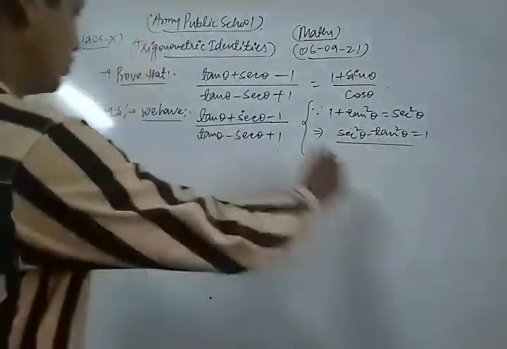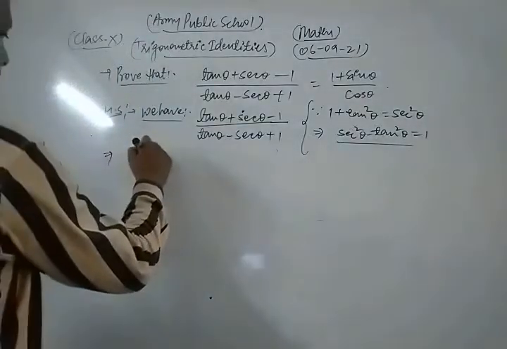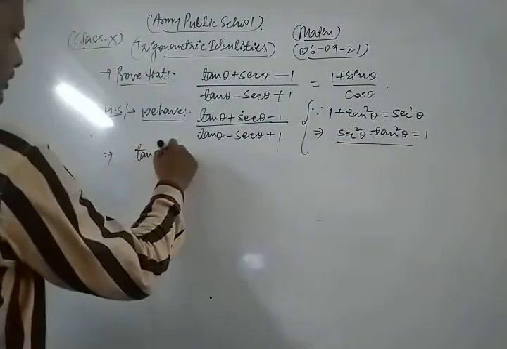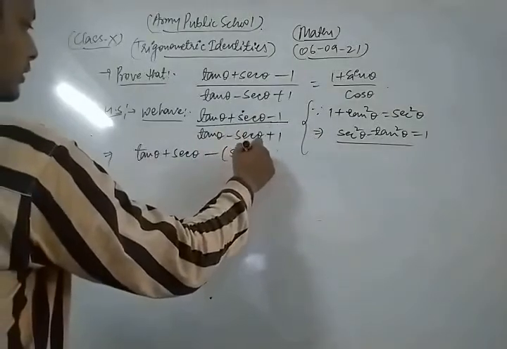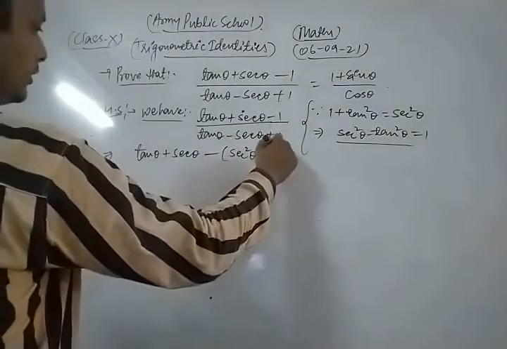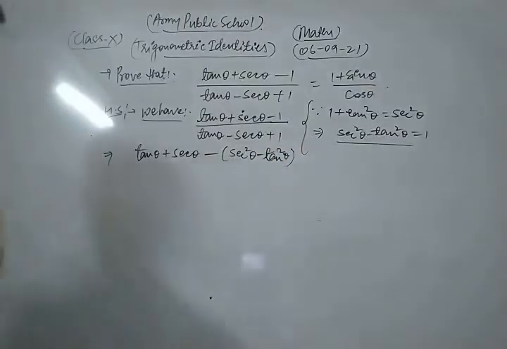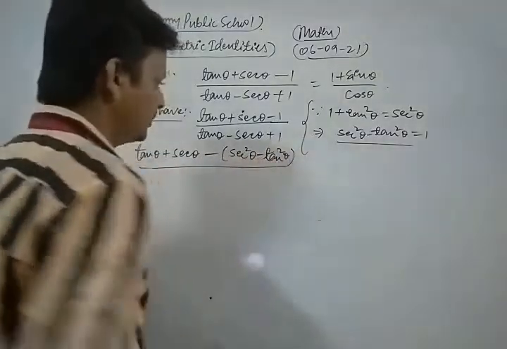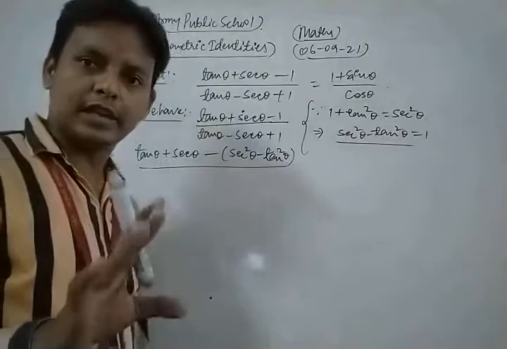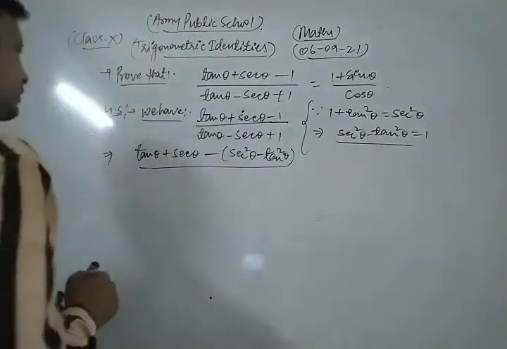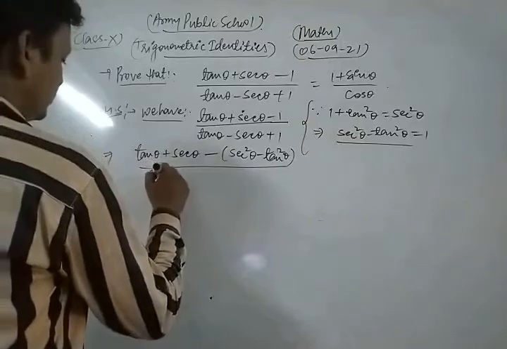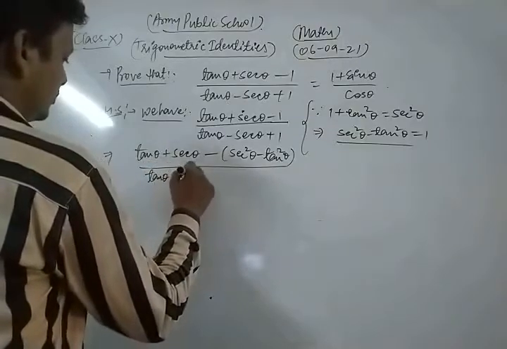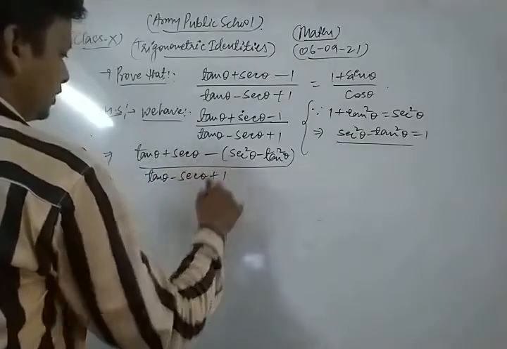So, dear students, we can replace 1 by this identity. Look, here we can write tan theta plus sec theta minus 1 as sec square theta minus tan square theta, and in the denominator we write tan theta minus sec theta plus 1 as it is.